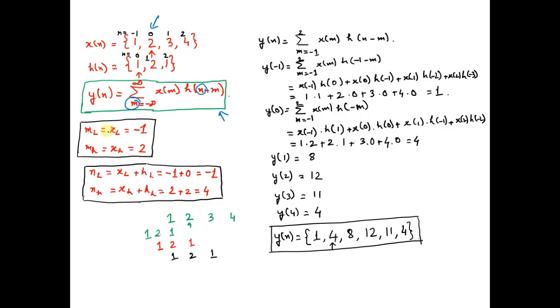For the m values, what you have to do is take x of n. What is its time component? It is -1. If I would have given the component from here, it would have been 0, because then our n value would have been 0, 1, 2, 3.